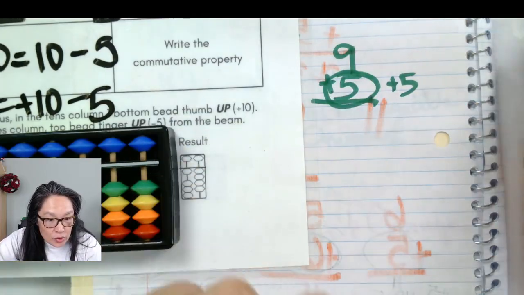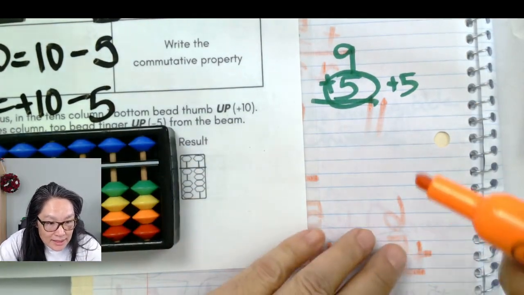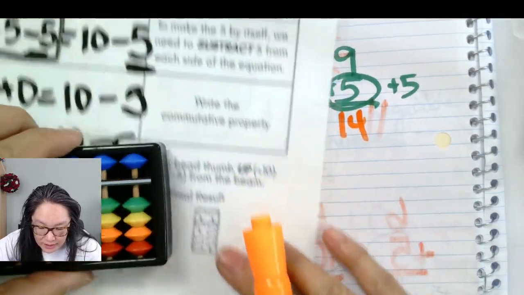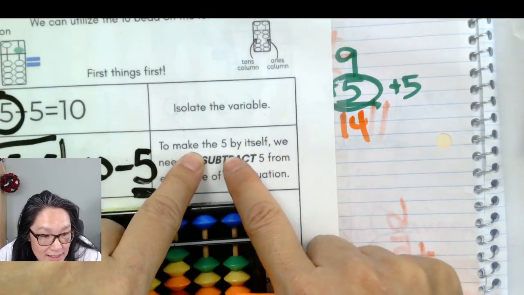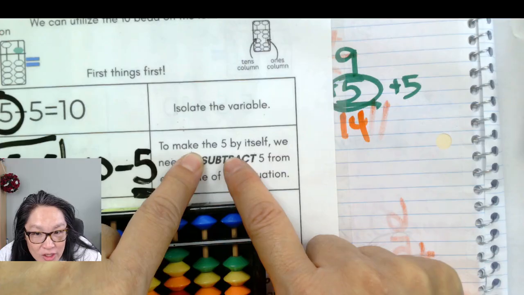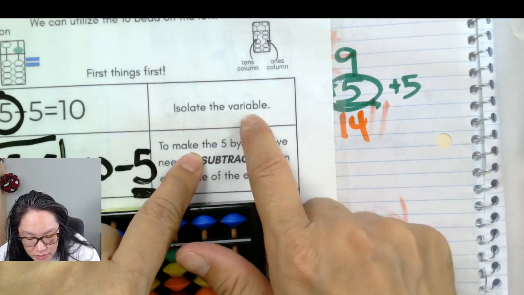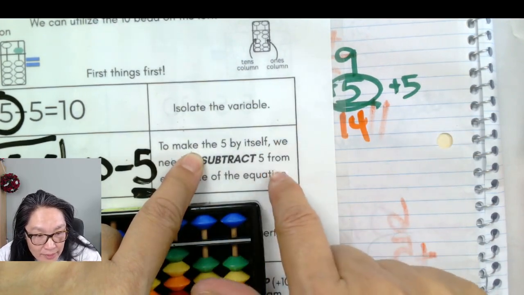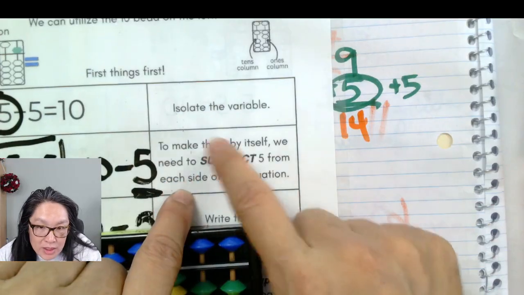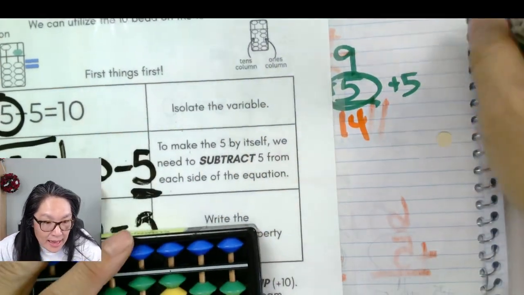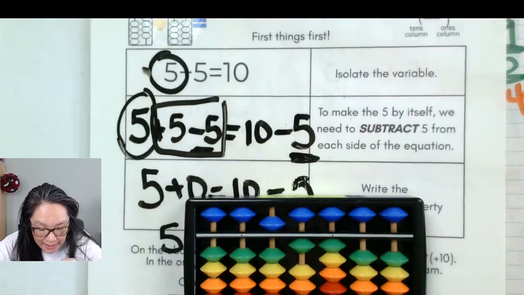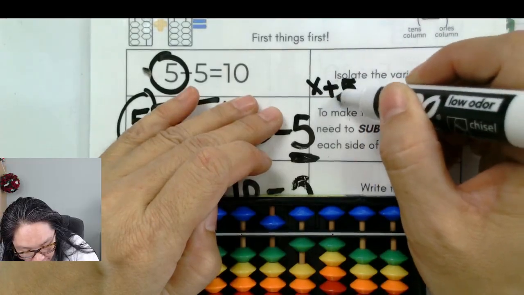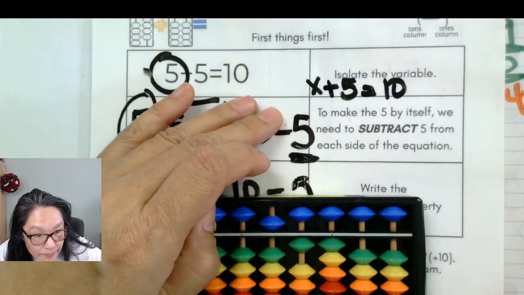I don't know if that's too much. What does isolating the variable mean? Isolating the variable means make it by itself. So I was trying to use algebra terminology in abacus, because you will isolate the variable in algebra. When we look at algebra, it looks like this: x plus 5 equals 10.